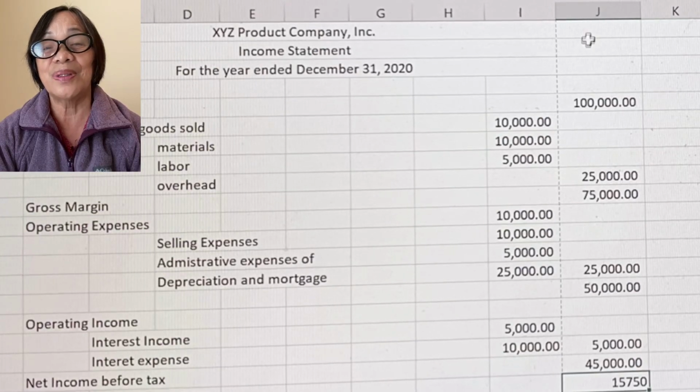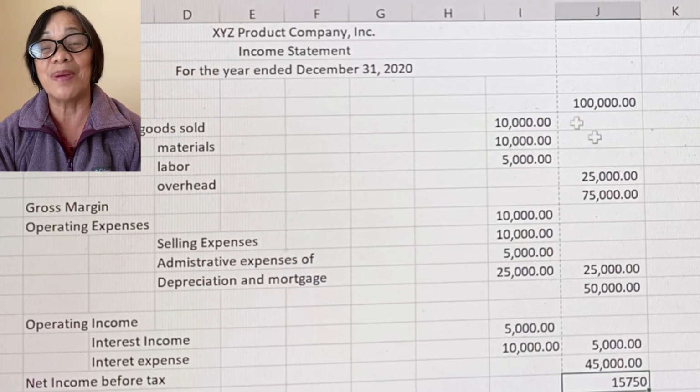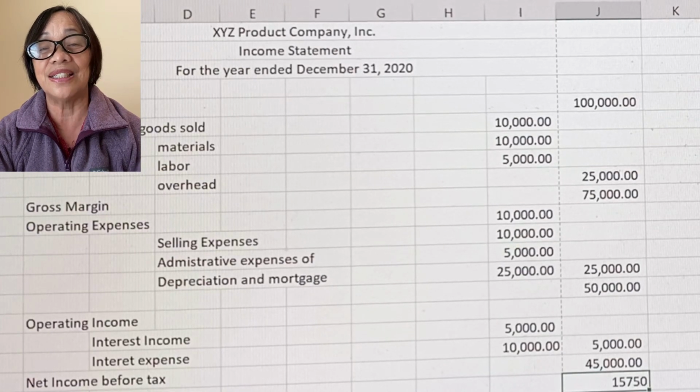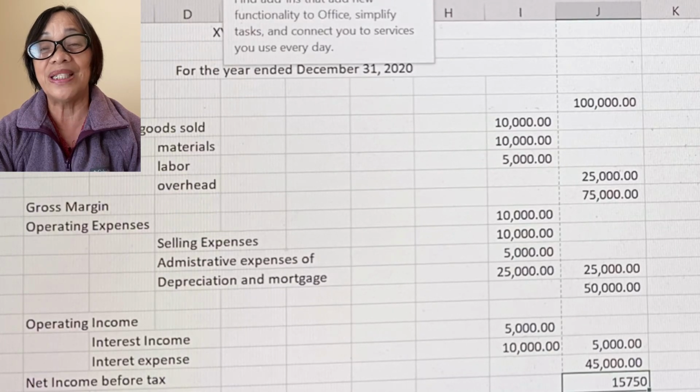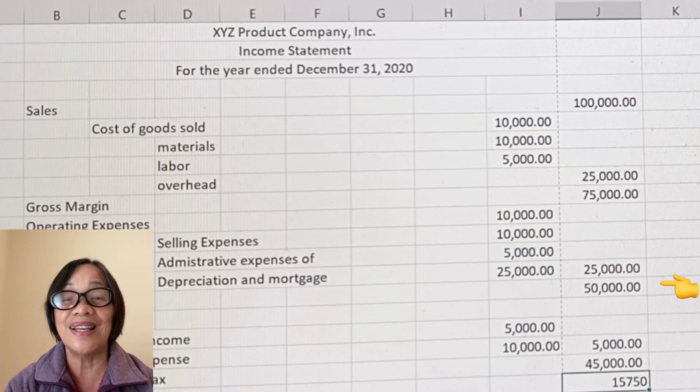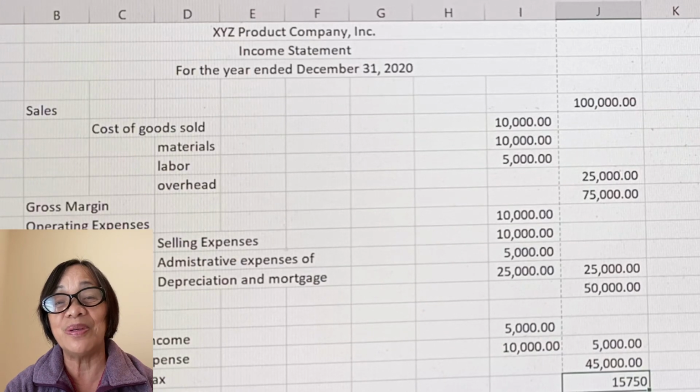So deduct the operating expenses from our gross margin or gross income. After deducting the operating expenses from our gross income, we will arrive at our operating income of 50,000. Look at the statement. We have a revenue here.